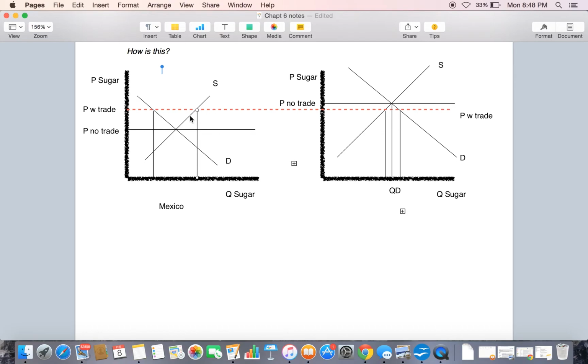Now, at this higher price, certainly Mexico is going to want to be able to supply many countries with it, but for the United States, we're going to demand more than is being supplied by domestic producers, and certainly more than the domestic producer can supply, because that's represented by this line here. However, it's going to be less than when the price was lower and there was going to be more imported from Mexico.